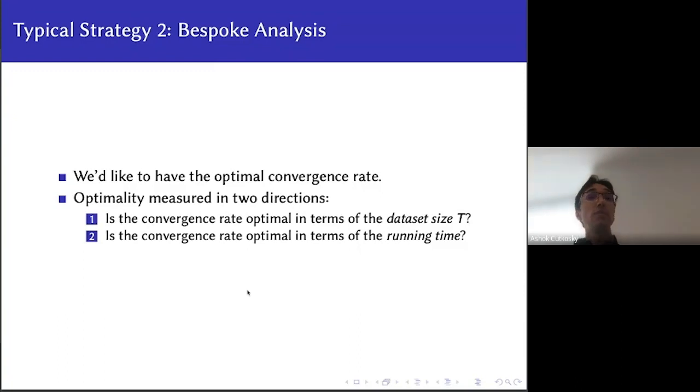I don't care how much time it takes. And then the other version is in terms of running time: I'll take as much data as I can, but I want to make the excess risk as small as possible, as fast as possible. It turns out, fortunately for us, that it's possible to achieve both notions of optimality simultaneously. So there's no trade-off that we're going to have to worry about here. We're going to be able to be optimal both in terms of sample size and running time at the same time.